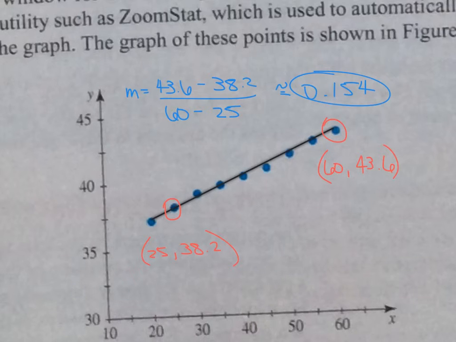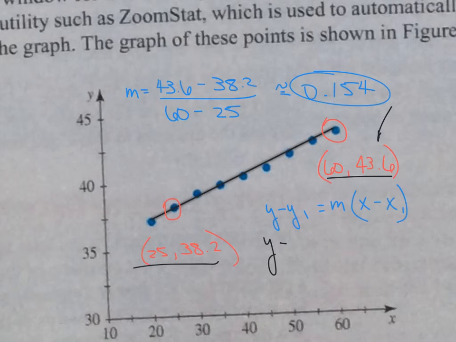Now we're going to use the y minus y1 equals slope times x minus x1 formula here. So we have y minus, and it doesn't matter if you pick this point or this point. The book picked that one, so we will do that one. So y minus 43.6 equals 0.154, which is your slope, times x minus 60. So there's your equation.